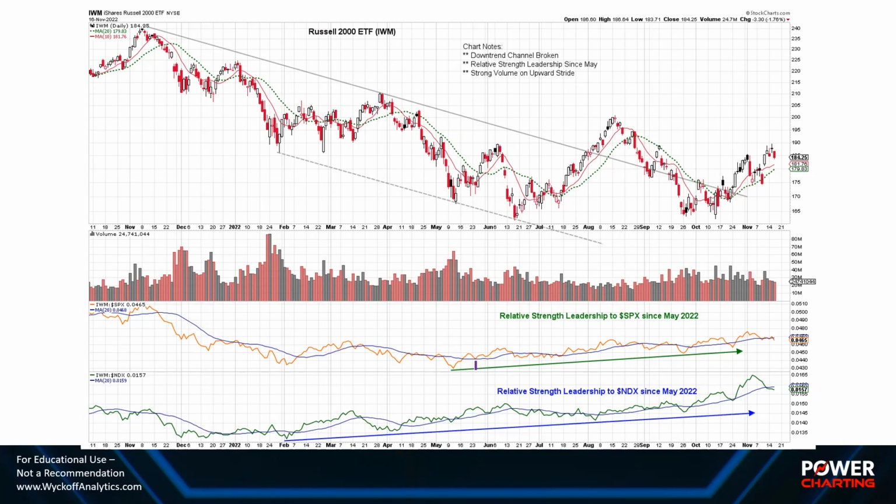Note the bottom cell on this chart, the relative strength to the leadership of the NDX. Many of these growth stocks, I'd say all of them, are in the NDX. And note the really positive relative strength performance of the Russell 2000 ETF to the NDX. So that is a clue about rotation.